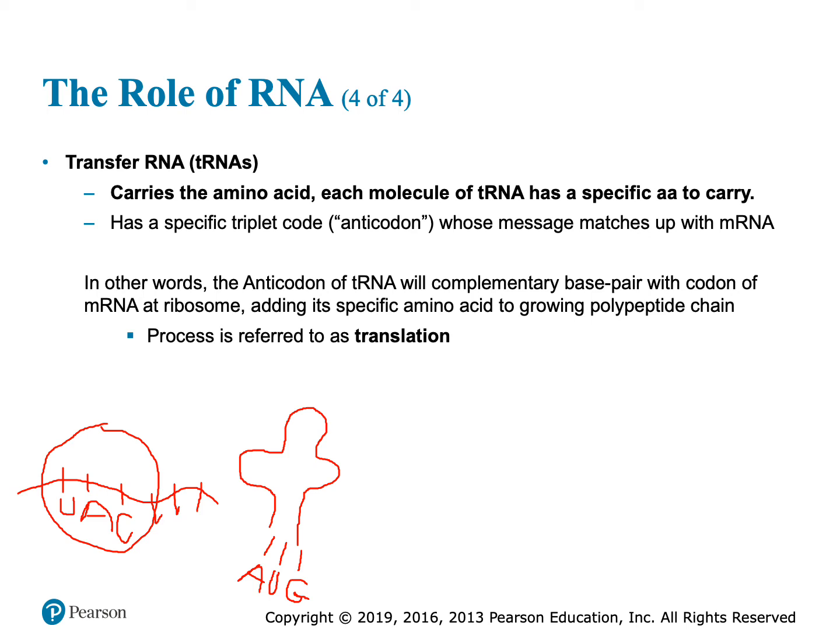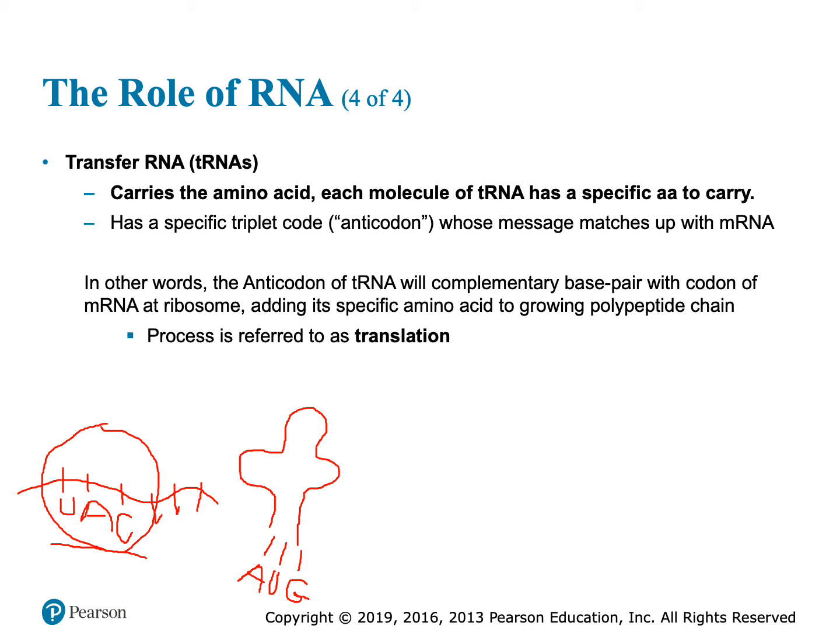Let's look up on that codon wheel what UAC is. And I don't have the codon wheel. I have the chart, but that's okay. Whatever you have, we're going to look it up. So the mRNA codon triplet, UAC, is going to be tyrosine.